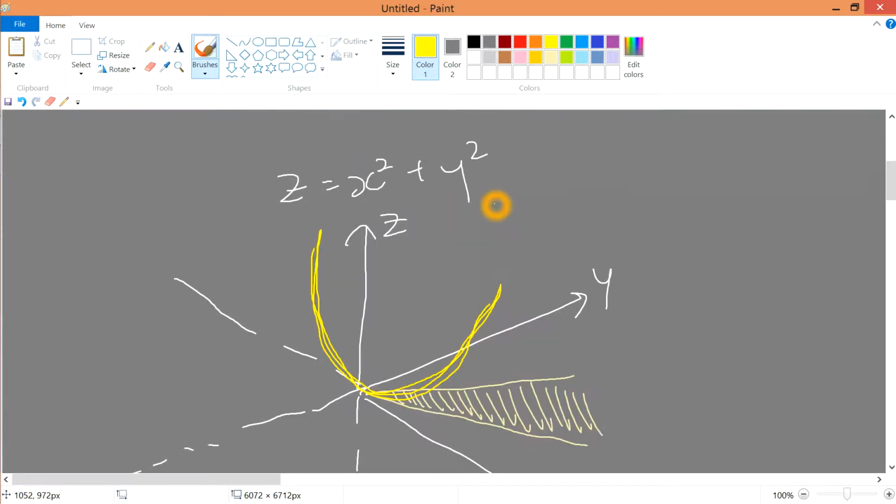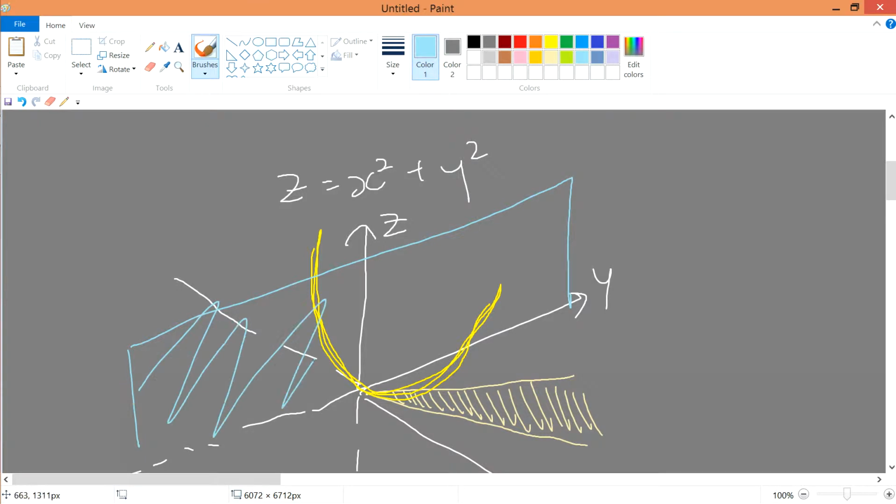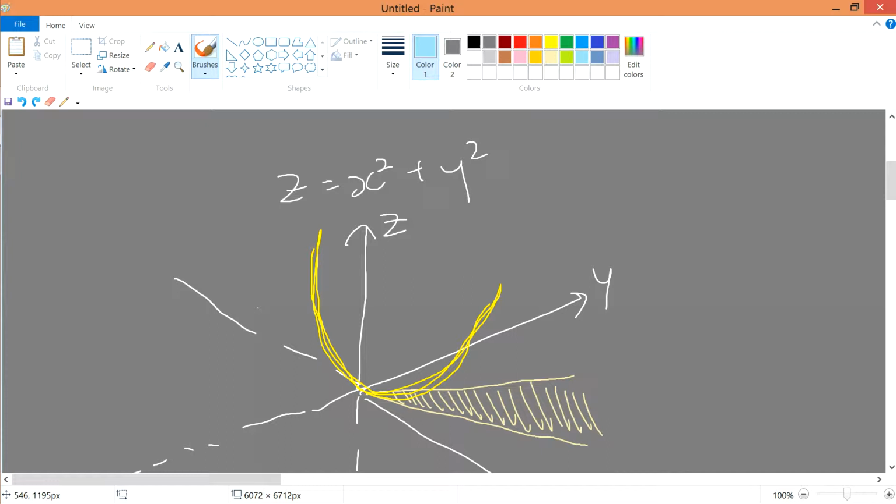And similarly, we have some zy also. So we are talking about this plane now, z and y. And therefore, we can also draw another parabola. If you don't know what a parabola is, for example, x squared equals z.